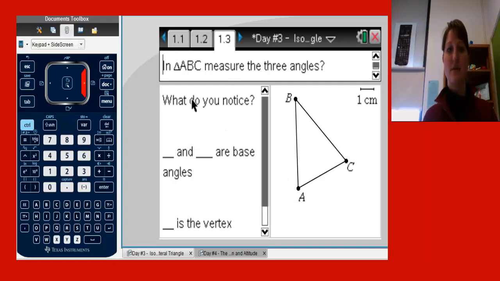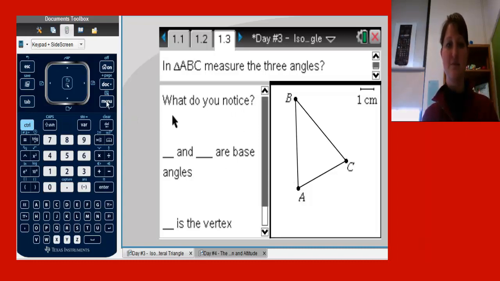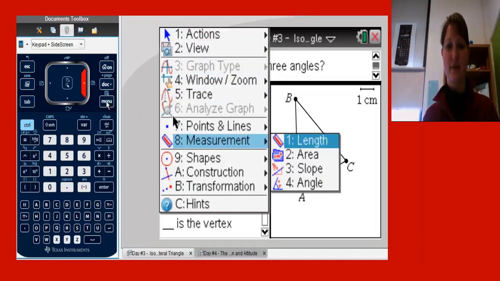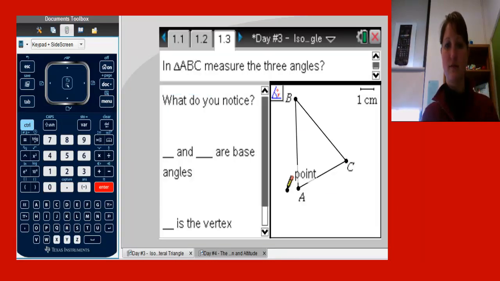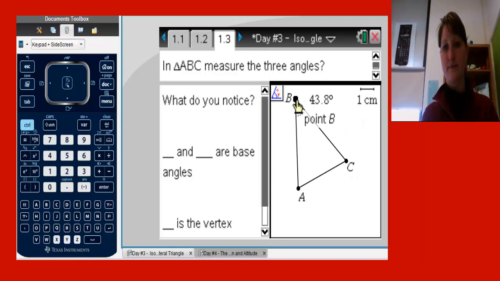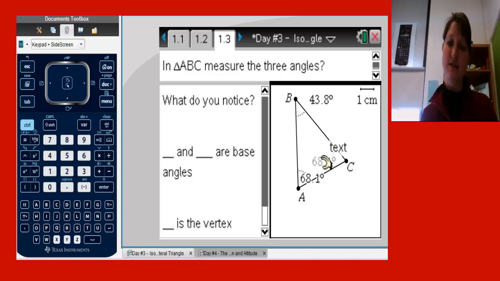Next one. It says in triangle ABC, measure the three angles. And what do you notice? So if we, again, just measure the angles for this one, we should have two angles that are the same and one angle that's different.